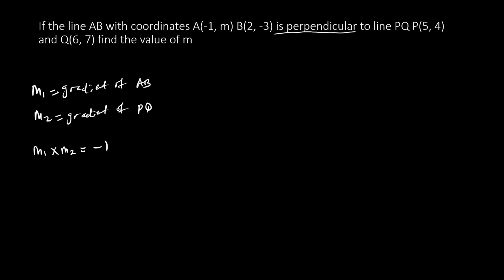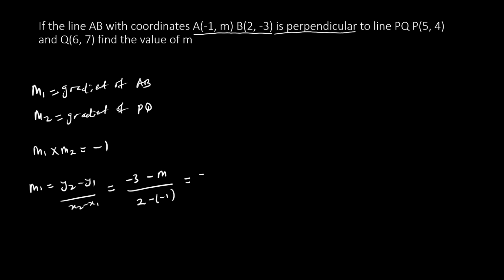For the first part, let's find m1. m1 equals y2 minus y1 over x2 minus x1. And from this point, you have y2 to be -3 minus m over x2, which is 2 minus -1. And this equals (-3 minus m) over 3.